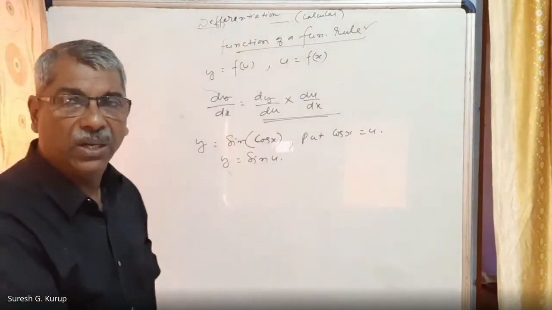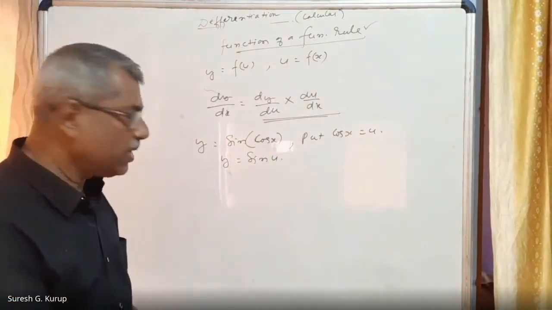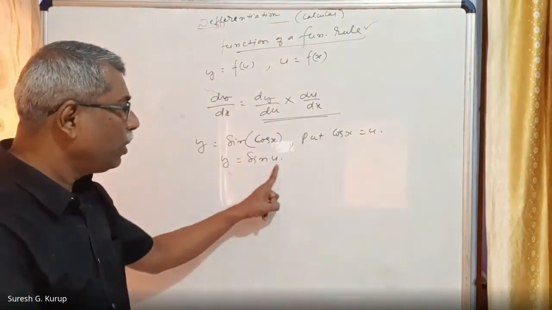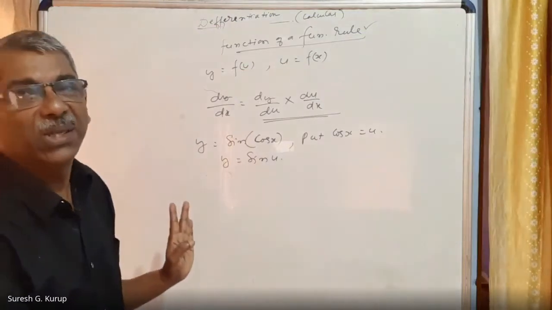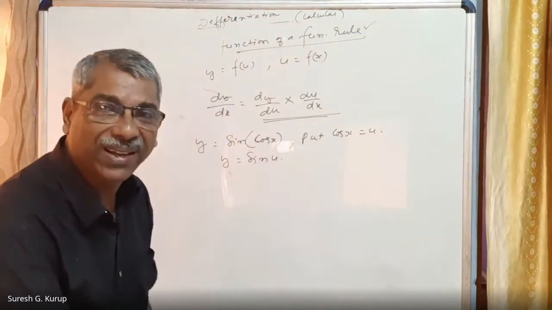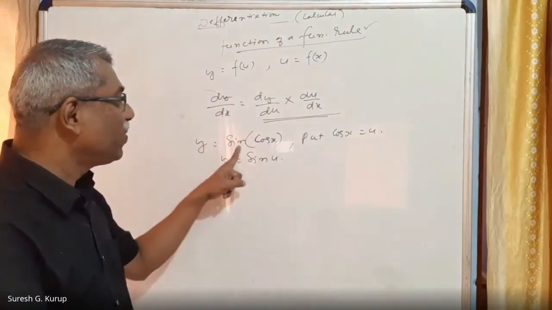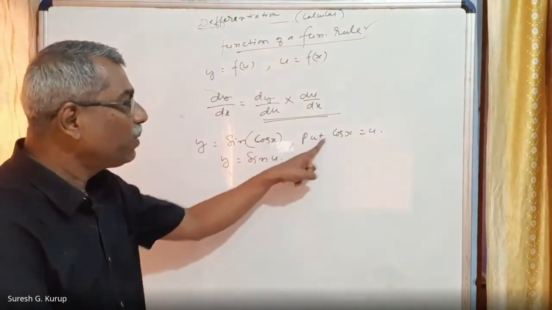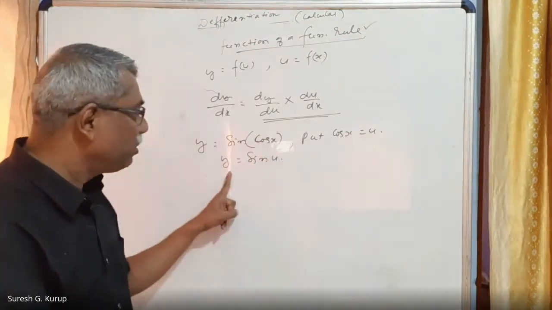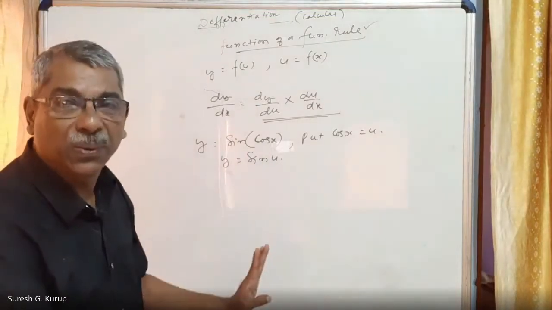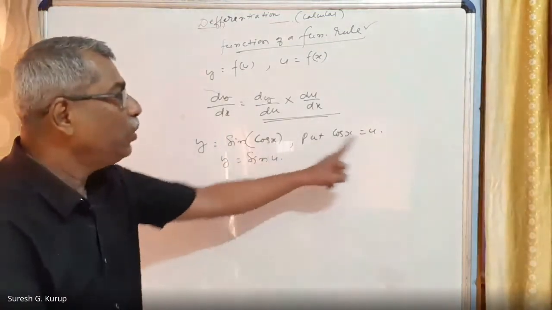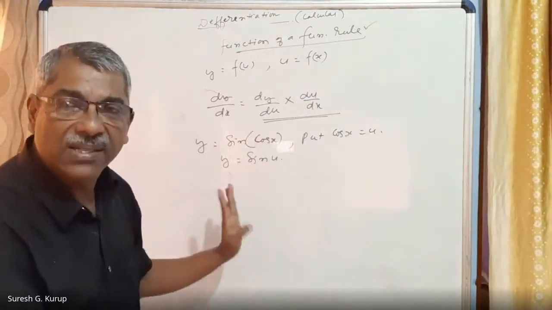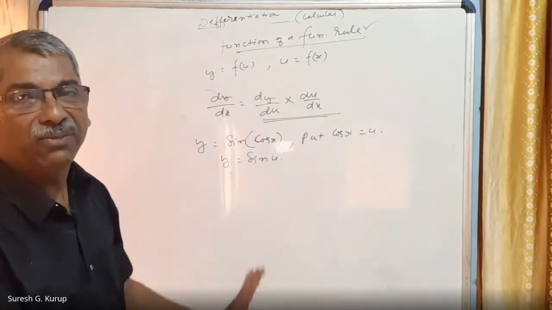Now we can say that y is a function of u and u is a function of x. This is called the function of a function rule in the simplest way. The best example is y is equal to sine of cos x. You put cos x is equal to u, then the function becomes y is equal to sine u, so y is a function of u and u is a function of x.